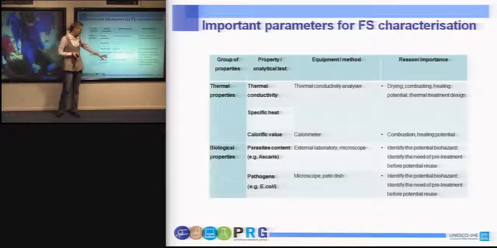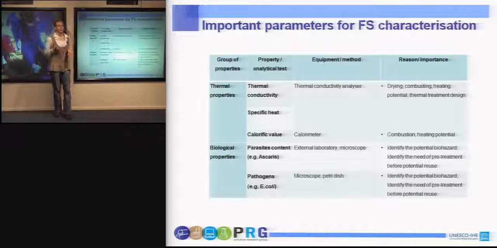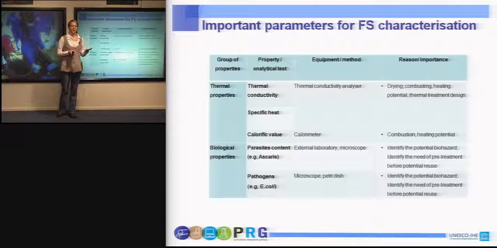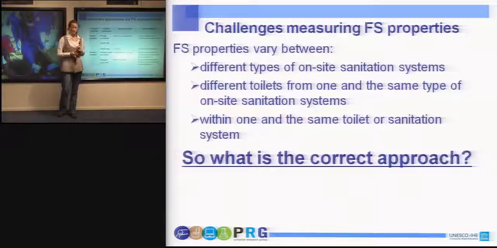So if we take, for example, the Ascaris content, this is a very important indicator. Why? Because the Ascaris eggs are very resistant to any type of treatment technologies. So it's considered that if we manage with a certain treatment technology to destroy the Ascaris eggs, then supposedly we have destroyed already any other pathogens present in the sludge.